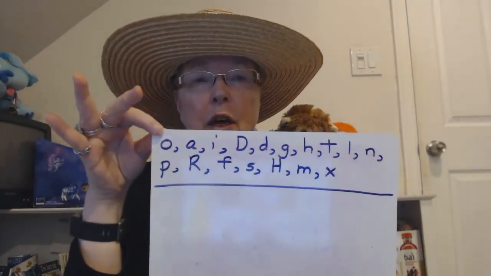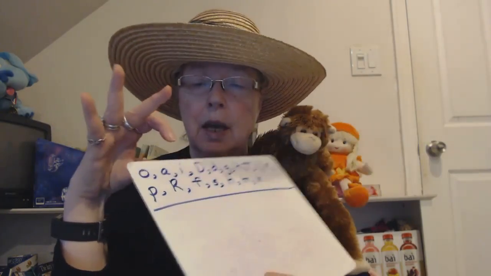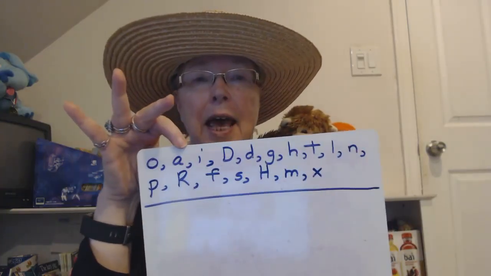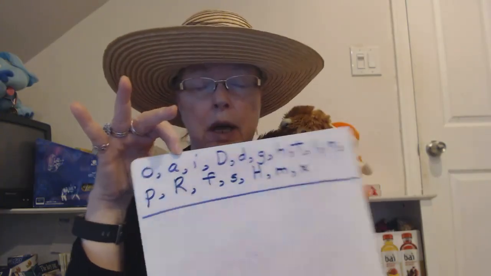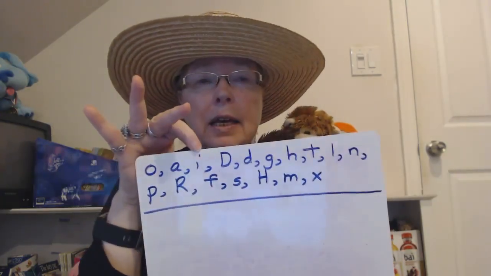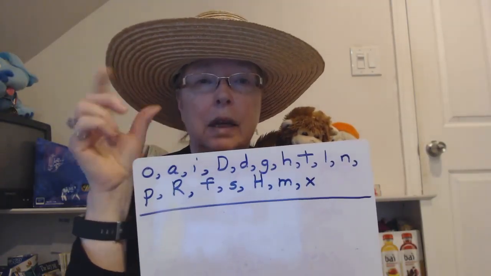The sound for the O is ah, as in ostrich. The sound for the A is a, as in apple. And the I, as in iguana. A lizard, iguana.